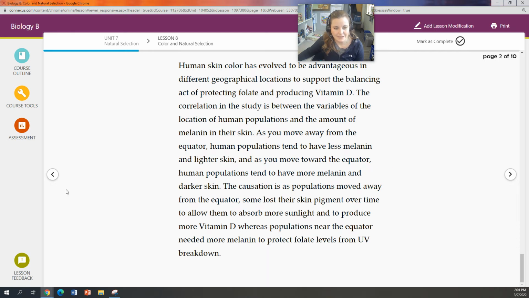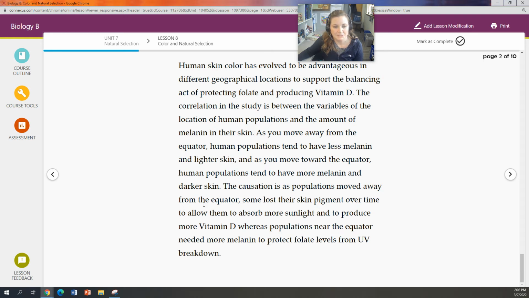So this is kind of the idea. We have correlation and causation. The causation is populations are moving away from the equator, and because they're moving away from the equator, they need to develop the ability to absorb more vitamin D, and therefore skin pigment got lighter. They lost that melanin production in the skin.